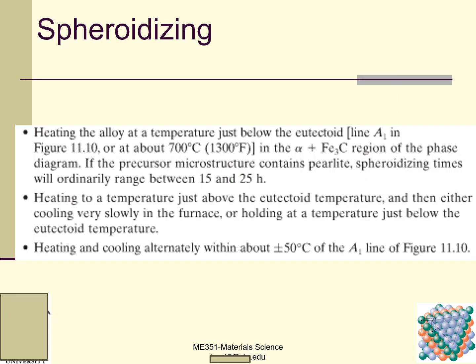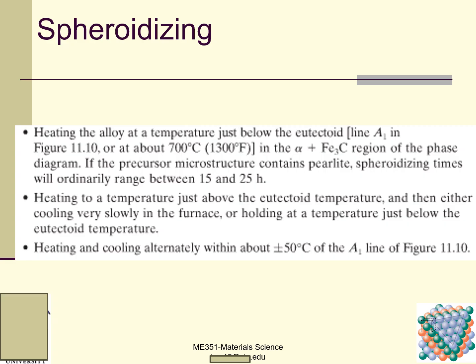No question? Then we move on to spheroidizing. As the name suggests, we want to get spheroidite, and this is the spheroidite microstructure. We heat the alloy at a temperature just below the eutectoid, the A1 line. I showed you line 1 in the previous figure.